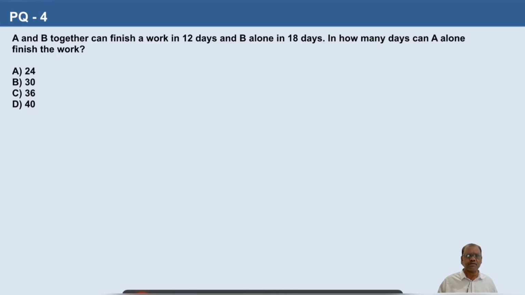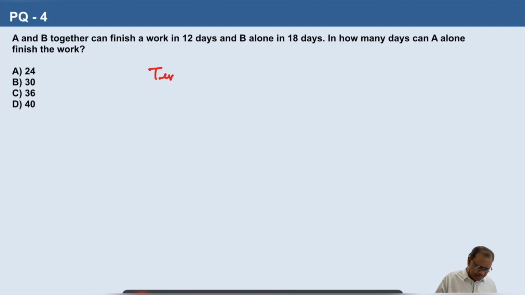Question number 4. A and B together can finish a work in 12 days and B alone in 18 days. In how many days can A alone finish the work? So we know A and B together, and B alone. We don't know the time taken by A. So we write down the same headings here again.